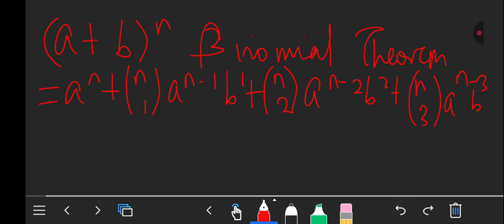So we said a to the power n minus 3, then b to the power 3.